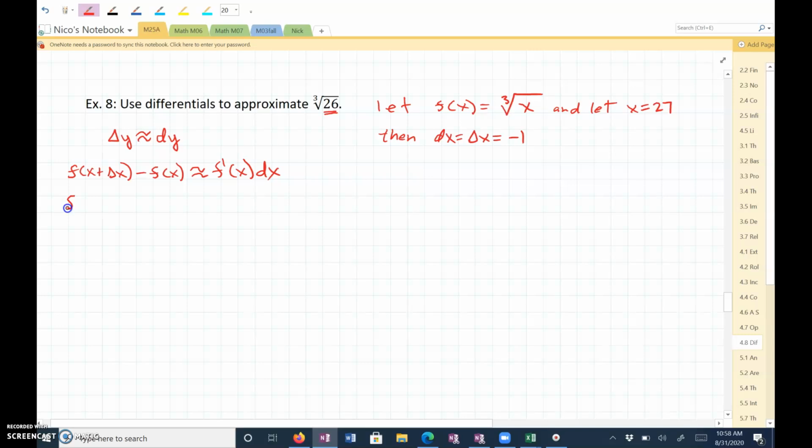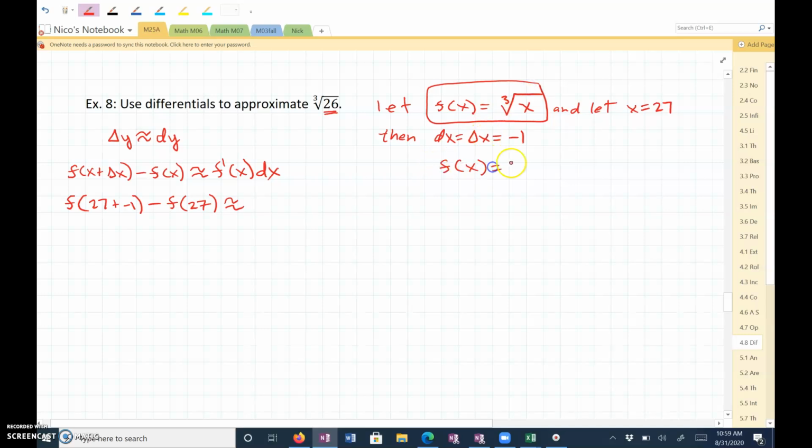So x is 27, delta x is -1, so f of x plus delta x minus f of x, which would be f of 27, equals, so I need to get the derivative of f of x.